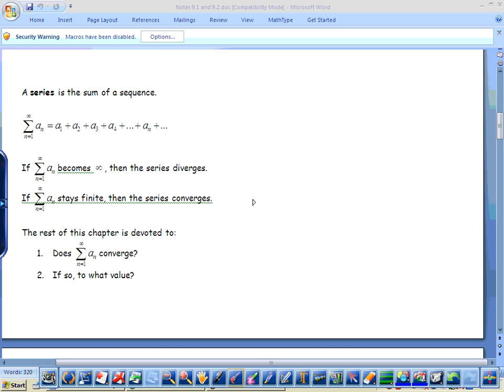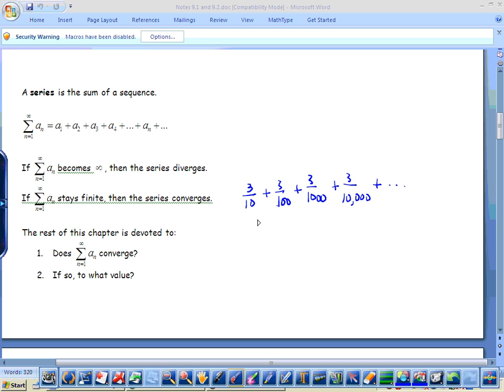So the best example that I have for that is something like 3/10 plus 3/100 plus 3/1000 plus 3/10,000. Would you agree that there's some sort of pattern to those numbers right there?